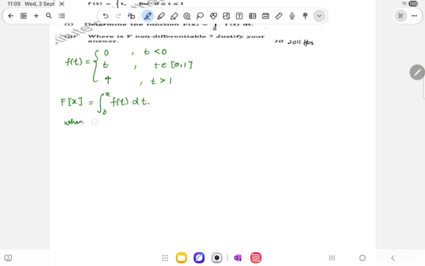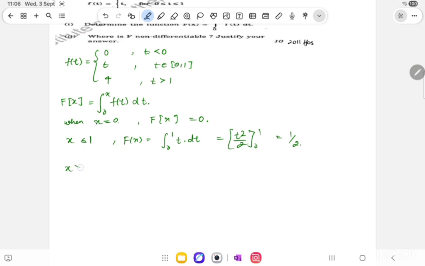So when x is equal to 0, then capital F(x) will also be 0. When x is less than or equal to 1, then capital F(x) will be the integral from 0 to x of t dt, that is t squared by 2 from 0 to x.